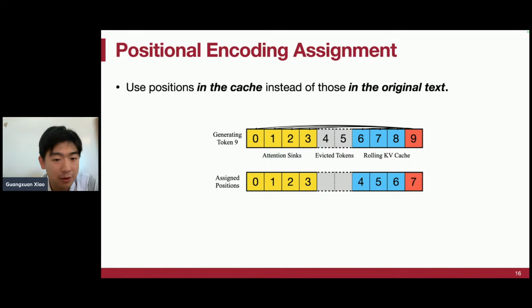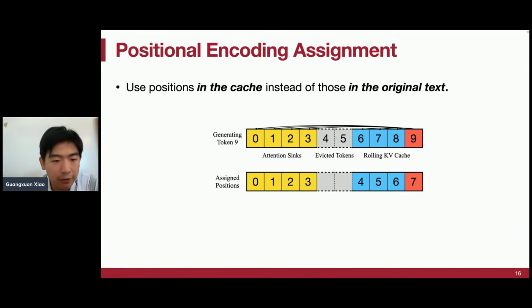Since the model has never seen number 8 and number 9 before, we assign the position in the cache rather than in the original text, which means that we assign position encodings like 0, 1, 2, 3, 4, 5, 6, 7 instead of 0, 1, 2, 3, 6, 7, 8, 9. So the model will always believe that it's actually decoding the 7th token rather than the 9th token.